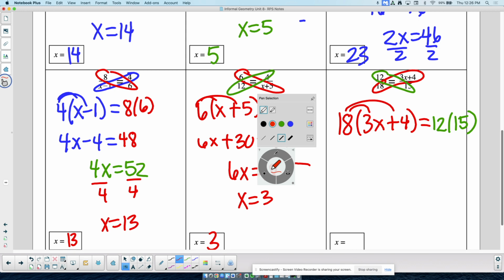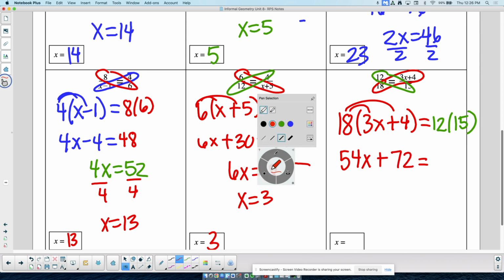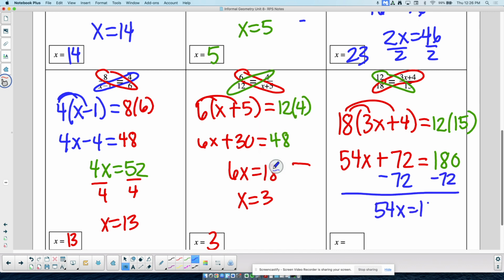Distribute that 18. 18 times 3 is 54x. 18 times 4 is 72. 12 times 15 is 180, kind of a larger number there. Minus 72. 54x equals 108. Divide by 54. We simply get 2. Perfect.